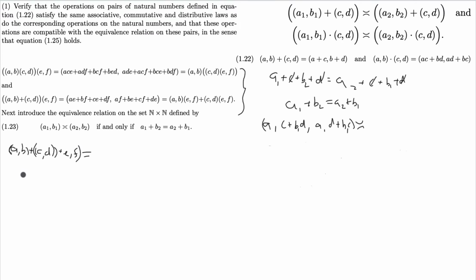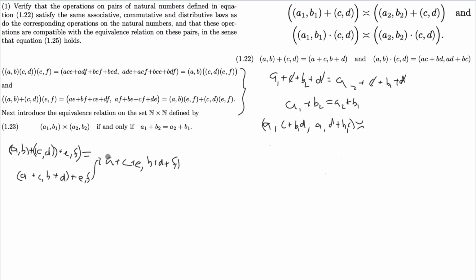So let's start with the left side, and we get (a plus c, b plus d), and this is plus (e,f). But clearly that's just equal to (a plus c plus e, b plus d plus f).